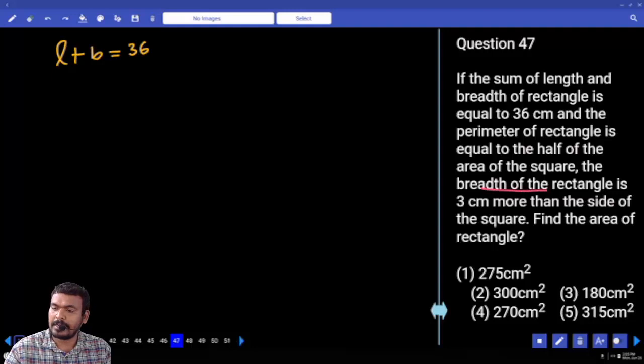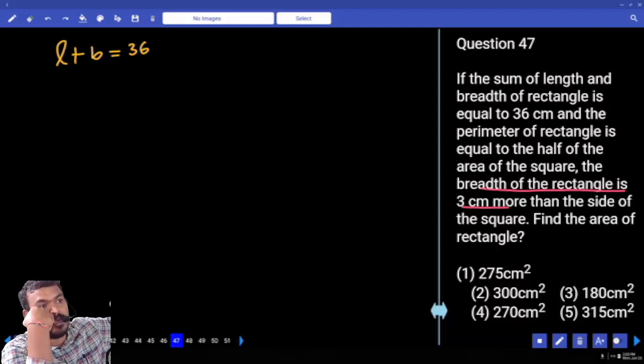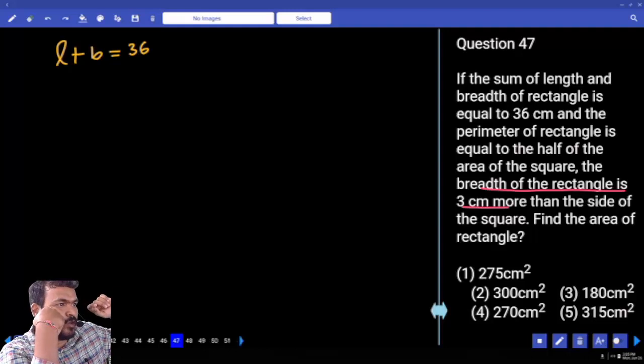The breadth of a rectangle is how much? 3 centimeters more than the side of a square. The L plus B value? 36. 2 times is 72. That is the perimeter. The same perimeter is half of which one? Area of a square. Means 72 doubled is 144. That is which square? 12 square. That is the side of a square.